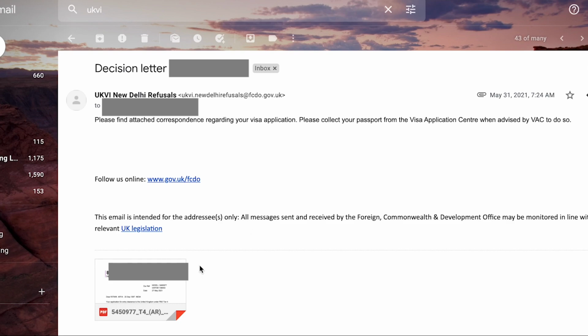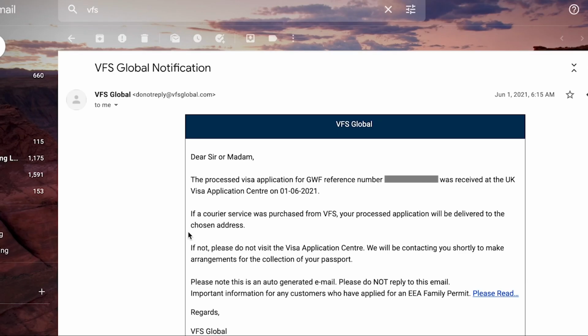Now, there is another email that you receive in both cases, even if your visa got accepted or rejected. This is the email I received from VFS Global, and it says that my visa application was processed and the passport has arrived at the VFS office.